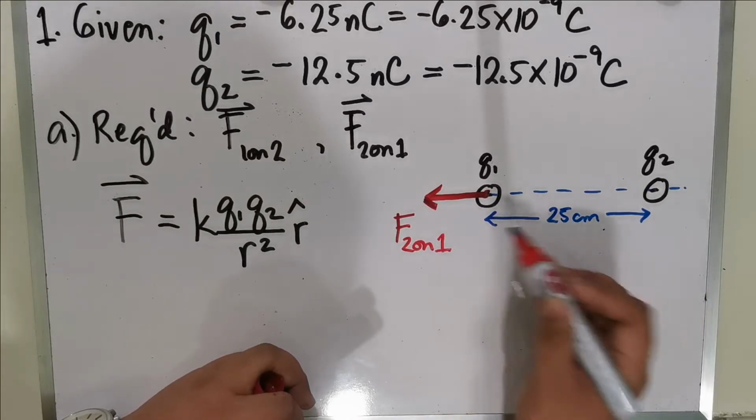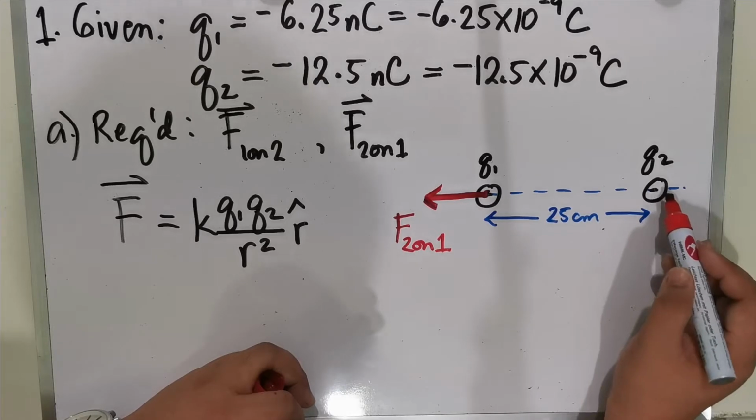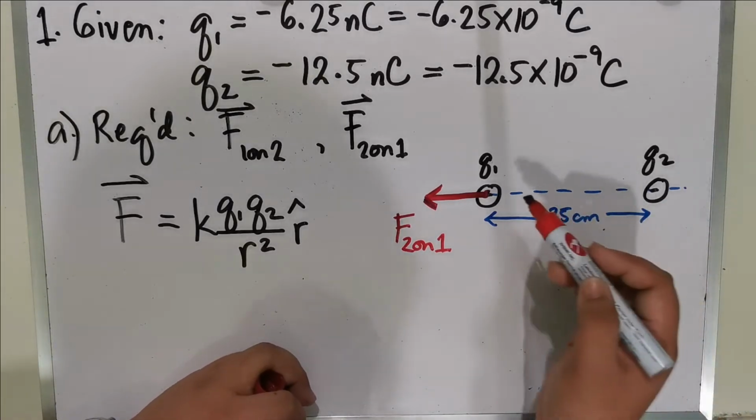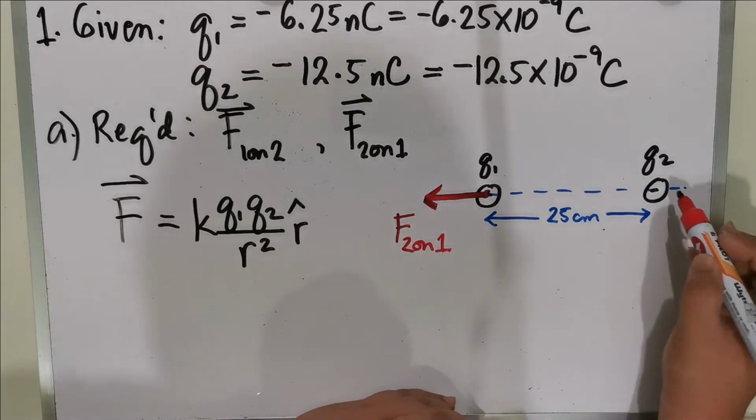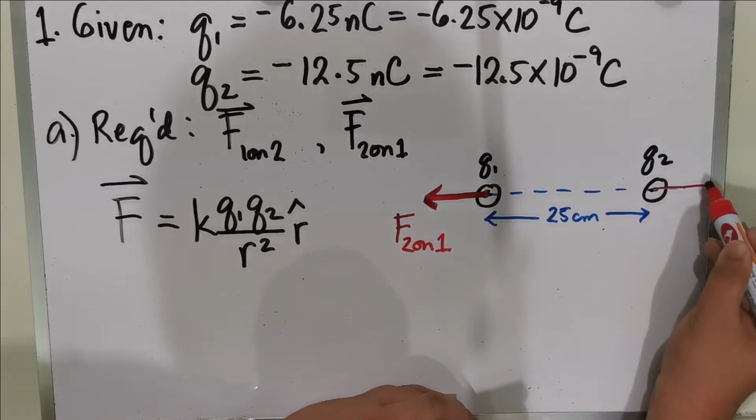Similarly, since Q2 also experiences a force exerted by Q1, Q2 repels because of Q1, so the direction of the force would be in the other direction.